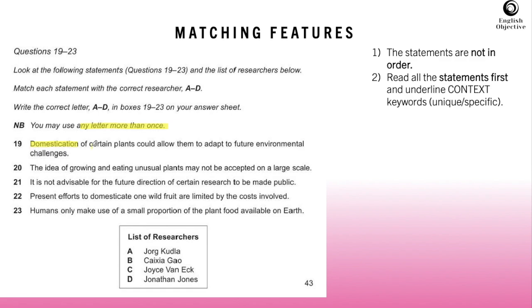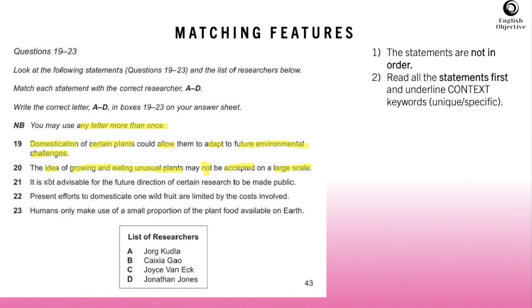Certain plants allowed them to adapt to future environmental challenges. Pretty much everything, but now we're going to pay attention to 20. So the idea, growing and eating unusual plants may not be accepted on a large scale in the big picture. 21, they say not advisable, so that's important.